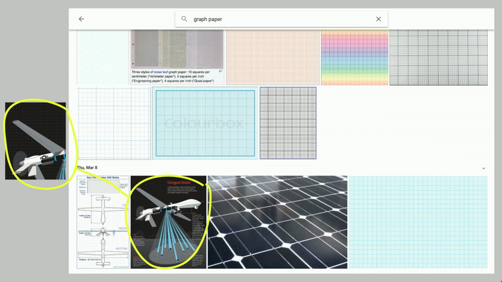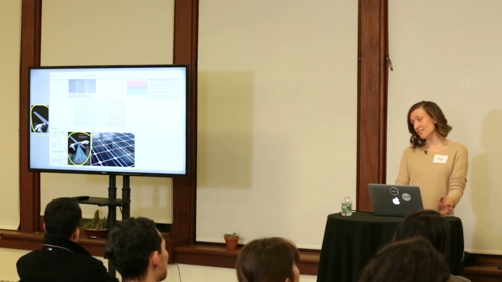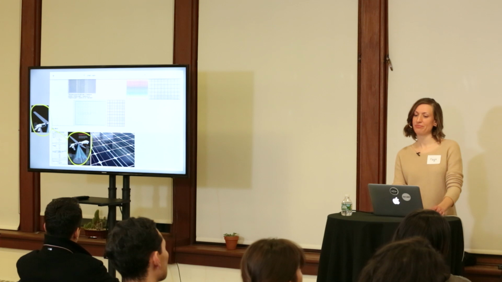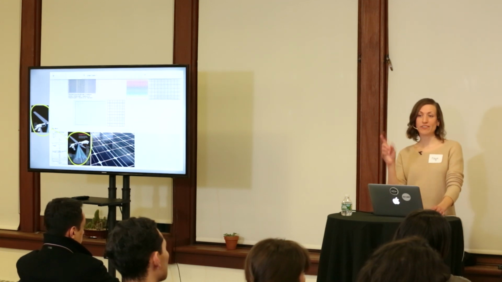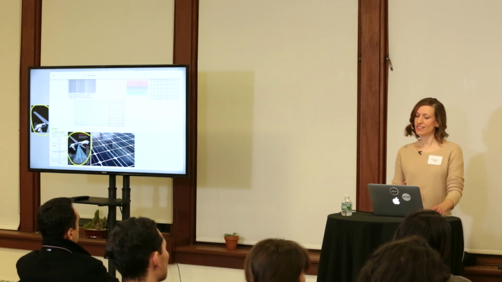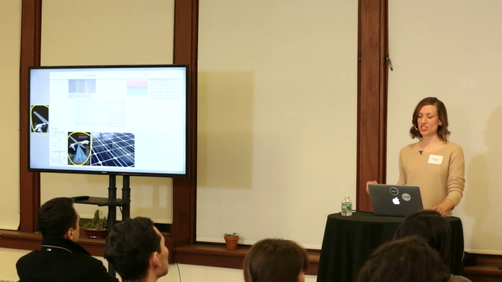It's more appropriate for this image to live in a folder with the other predator drones than it is to live with the graph paper, because as a thing, it's more a drone than it is an example of graph paper. So I store it with the other drones, but I remain very interested in the fact that the drone is on a graph paper background. I'm also struck by the pattern on this solar panel, which has a visual relationship to graph paper through its grid.